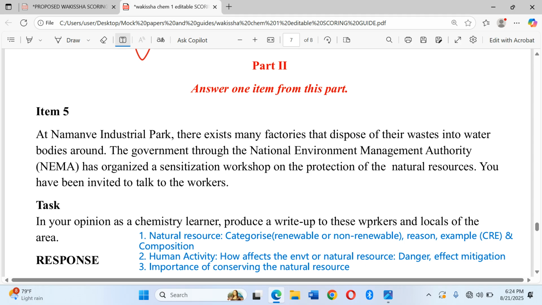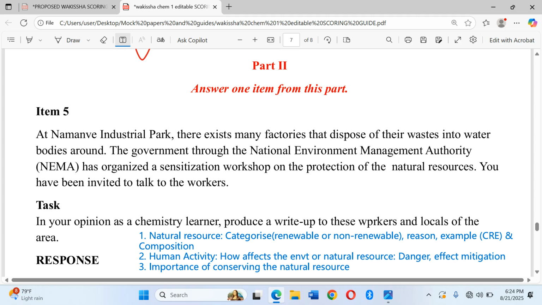If you call it a renewable natural resource, tell us why. Renewable natural resources are those which can easily be replenished, replaced once they are used up. Then there are those which cannot easily be replenished once they are used up, and those are the non-renewable natural resources.